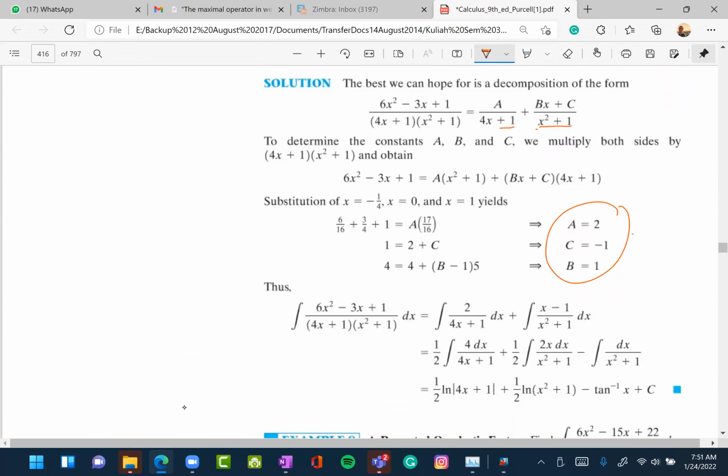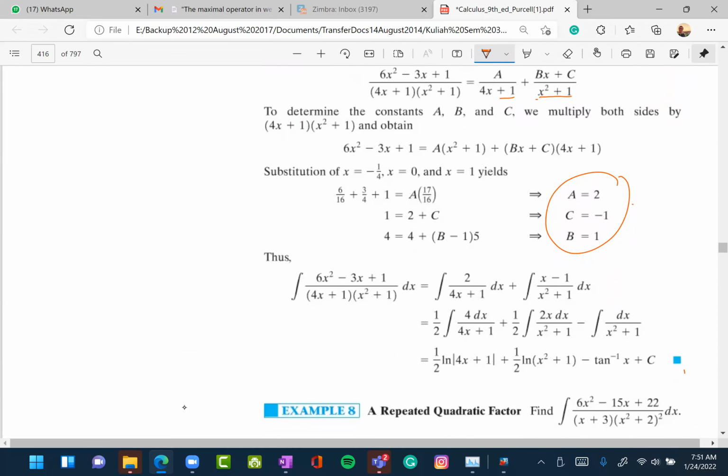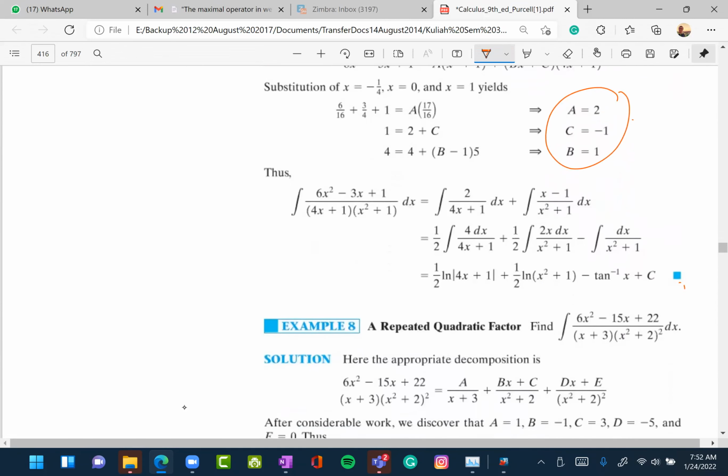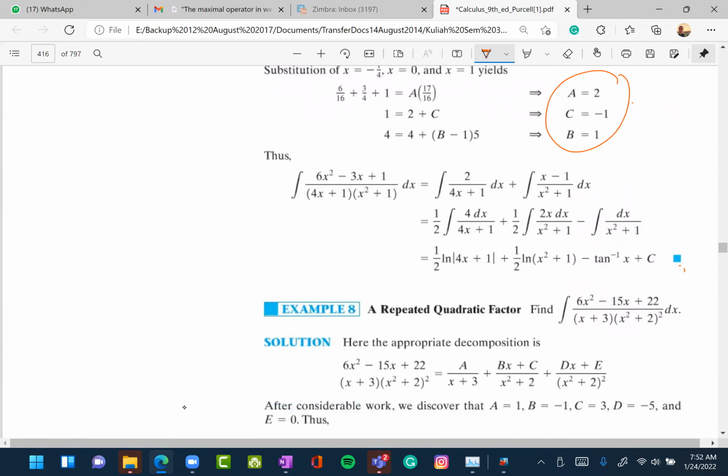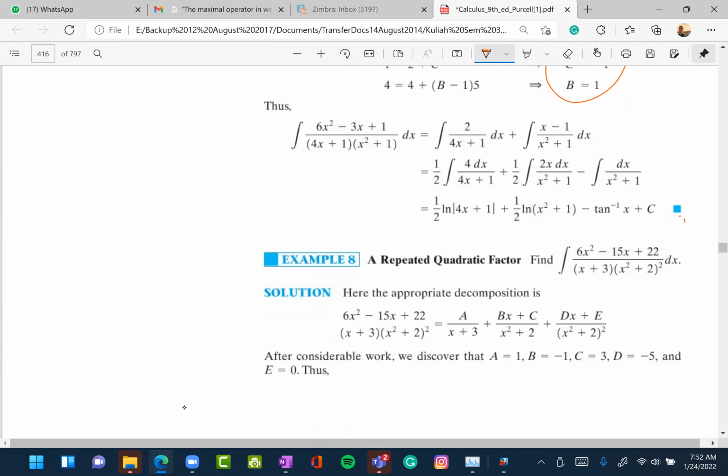Okay. All right. Let's do some more examples from the exercise. So what about this one here? Some linear factors and quadratic, but the quadratic is repeated.